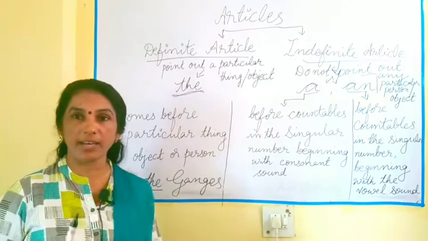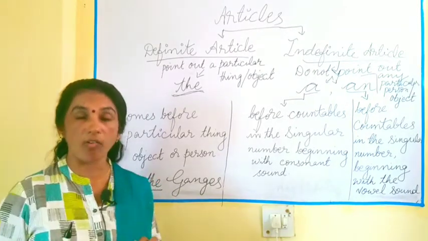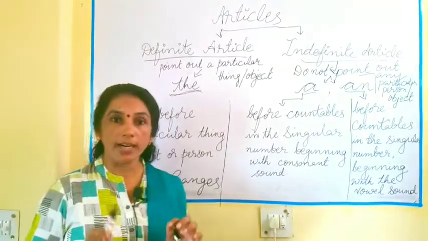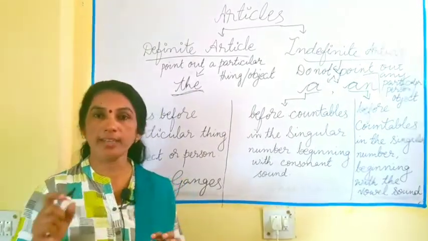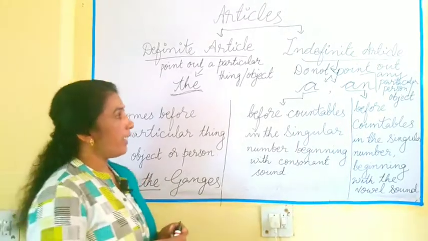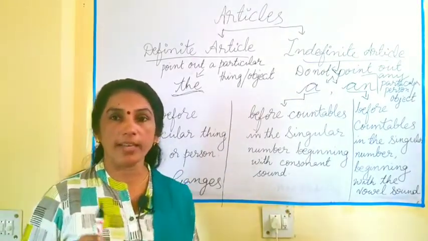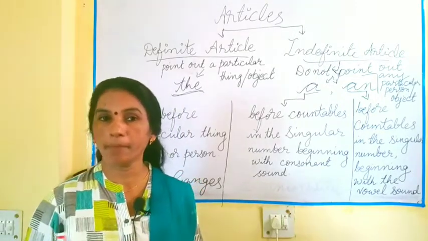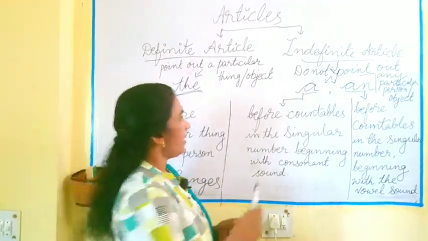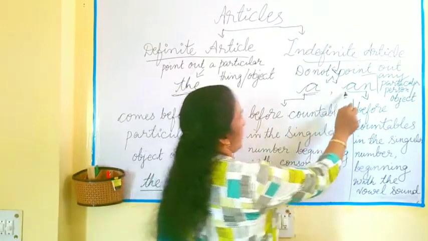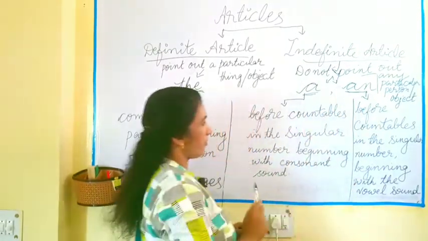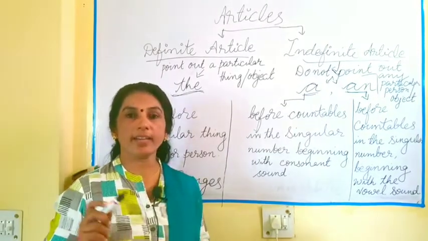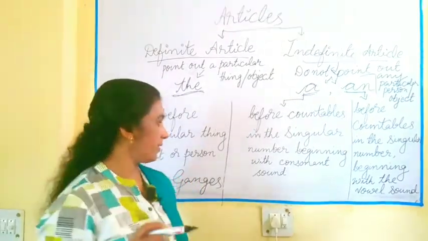We use indefinite articles a and an only in singular number, because a shows a singular number and it does not point out any particular person, thing, object or places.